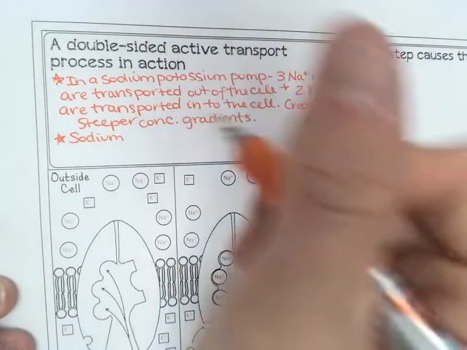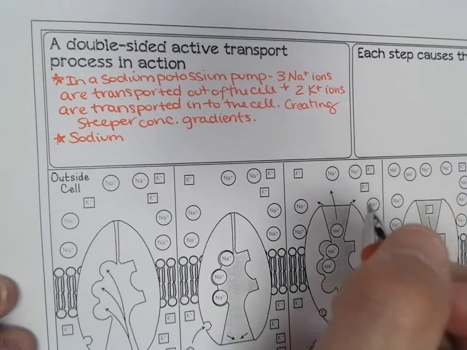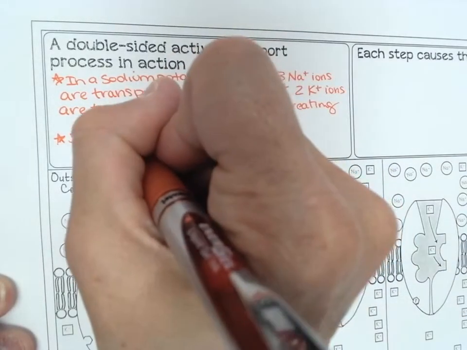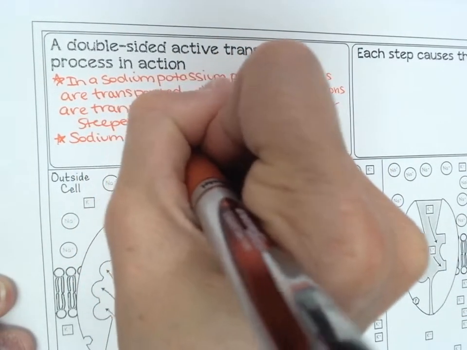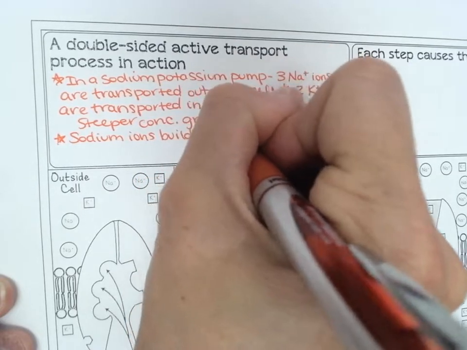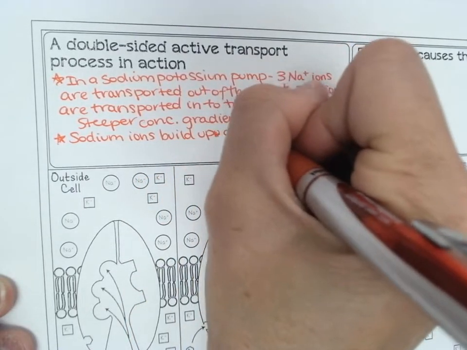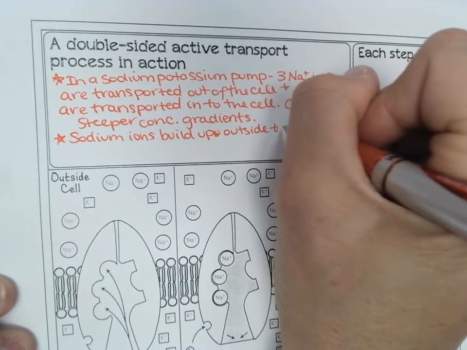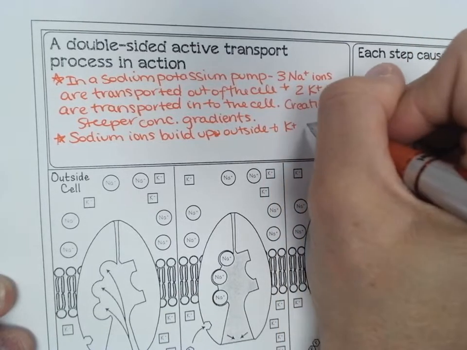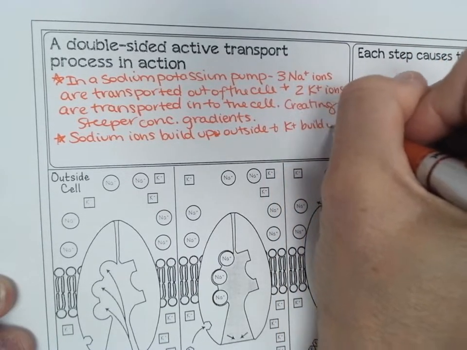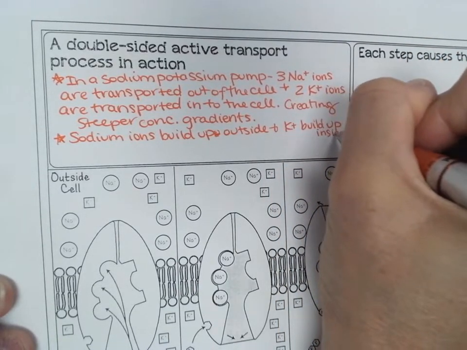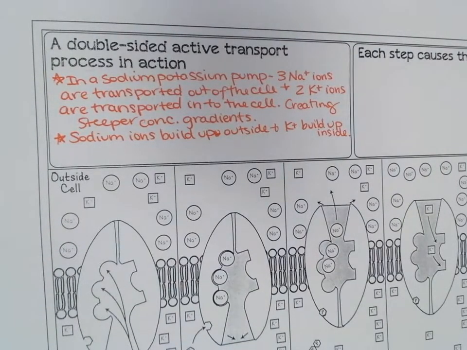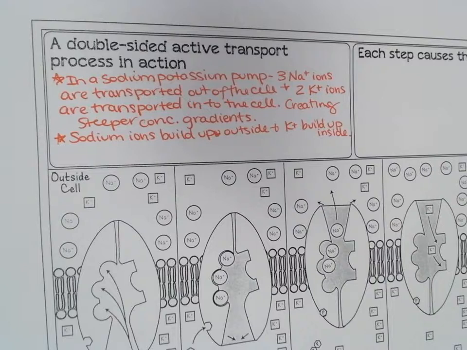Sodium ions build up outside, and potassium ions build up inside. I should have abbreviated sodium that time, but I didn't. Oh well.